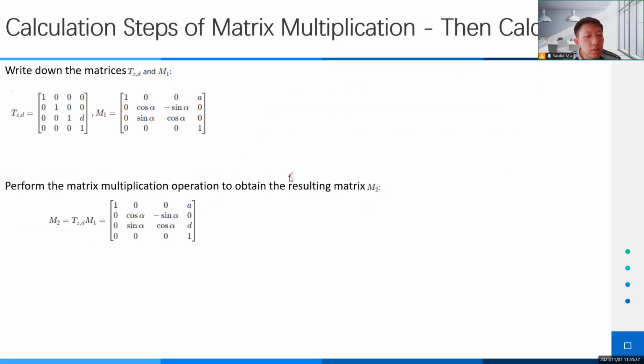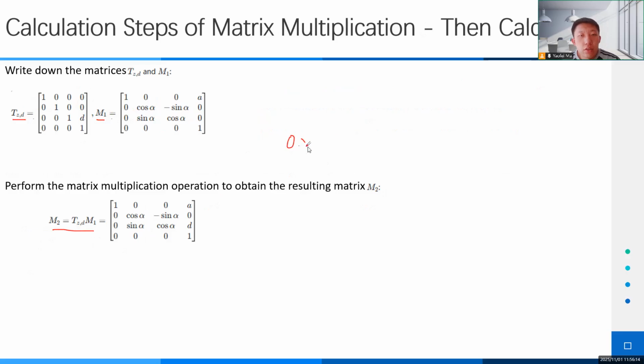Next, we calculate M2, which is Tz(d) times M1. First, write down the two matrices. M1 from the last step is this, Tz(d) as before is this. Now multiply them. Let's take row 3 of Tz(d) and multiply by column 4 of M1 as an example.